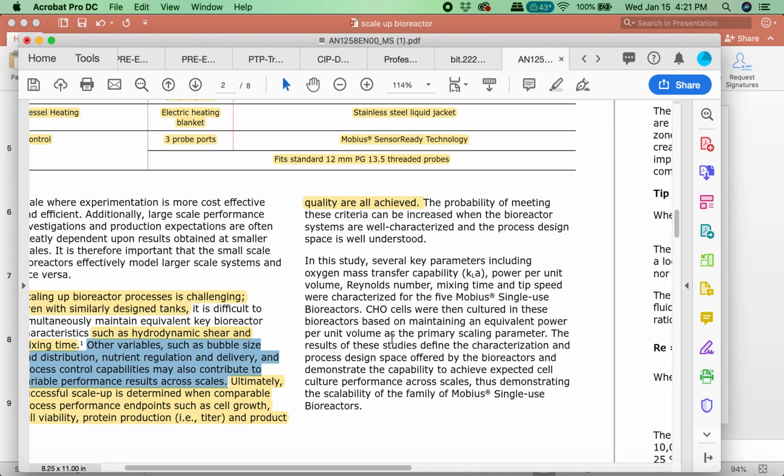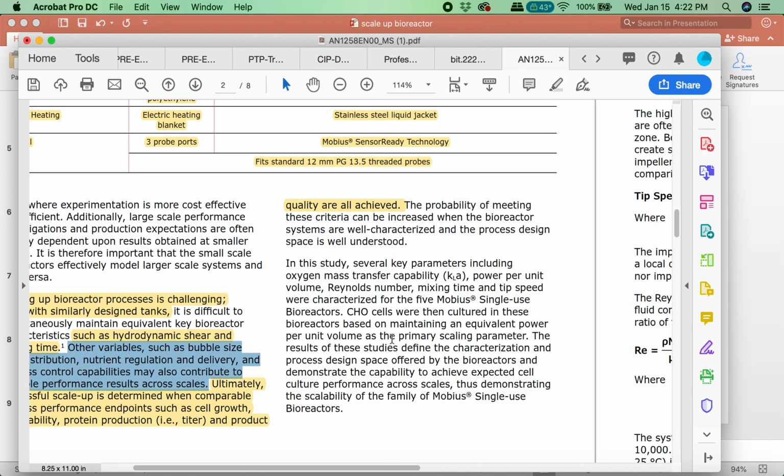In this study, several key parameters, including oxygen mass transfer, power per unit volume, were considered. Cells were then cultured in the bioreactor based on maintaining an equivalent power per unit volume as the primary scaling parameter.